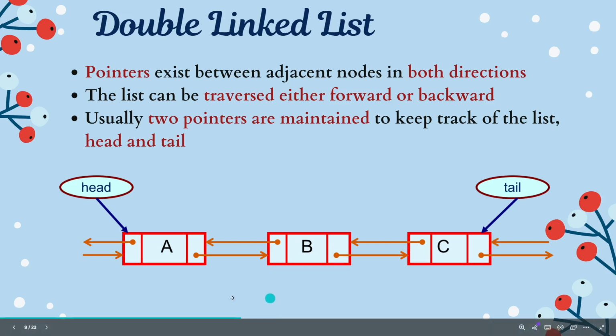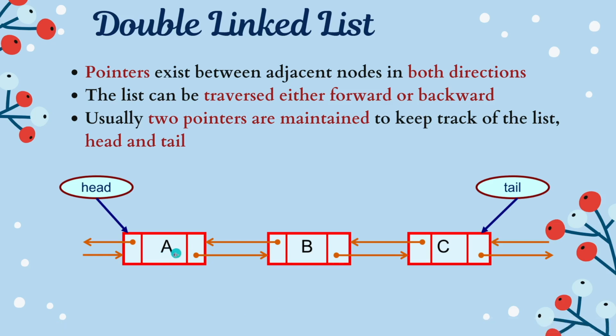The thing to be noted here is that node A has a next pointer that points to the address of B, and node A has a previous pointer. Since node A happens to be the first node, its previous pointer's value would be null.